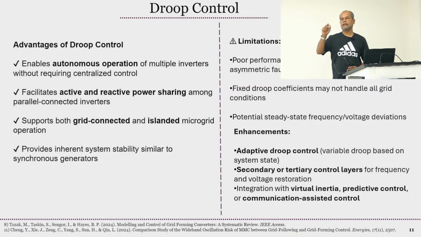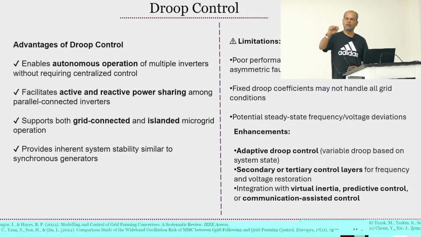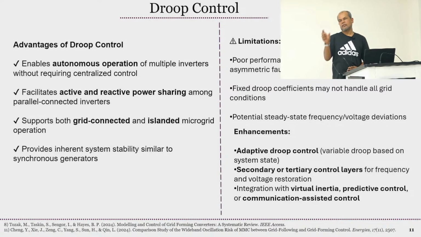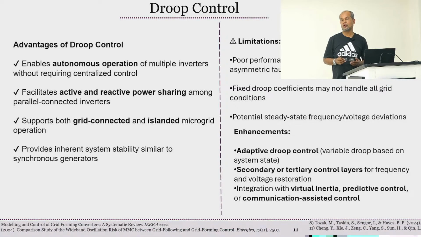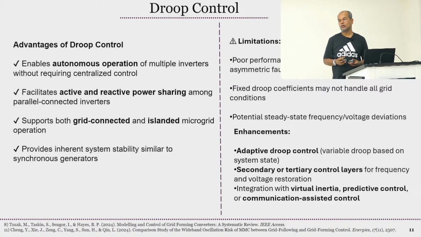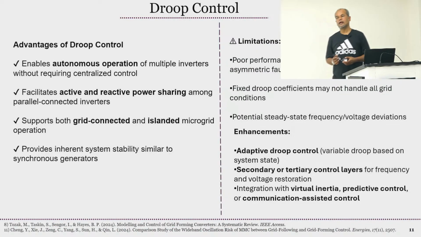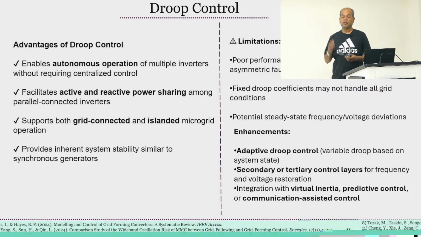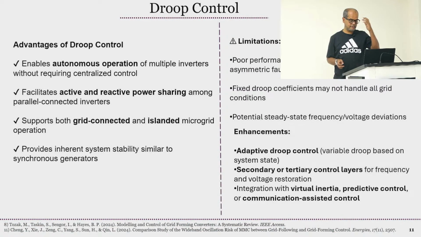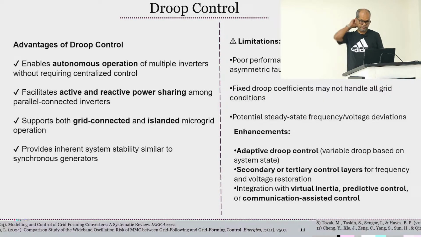But if you have a fault like one line to ground or line to line, in those cases droop control performance is comparatively poor. So if your system is not actually balanced, then you will go for another control technique.